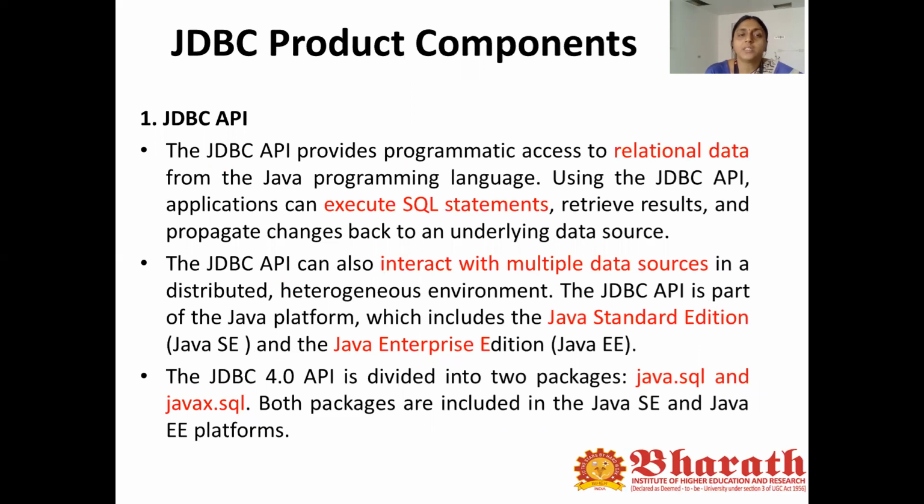And now we will see the JDBC product components. The first component we are going to see is the JDBC API, that is Java Database Connectivity Application Programming Interface. The JDBC API provides programmatic access to relational data from the Java programming language. Using the JDBC API, applications can execute SQL statements, then retrieve the results, and then propagate the changes back to the underlying data source.